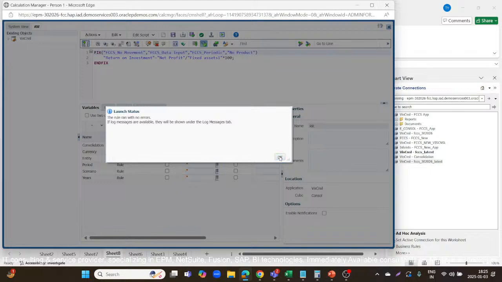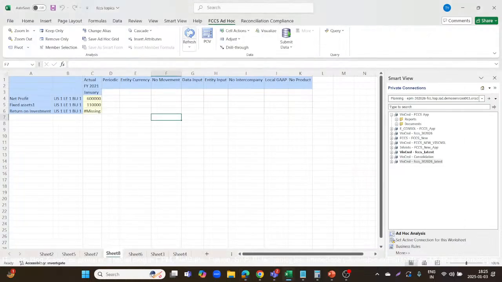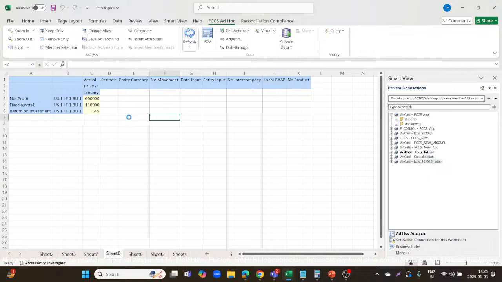The rule ran with no errors. Come here and refresh your sheet. You're getting your ROI, which is a positive ROI.